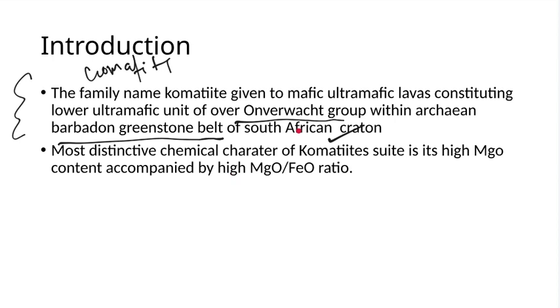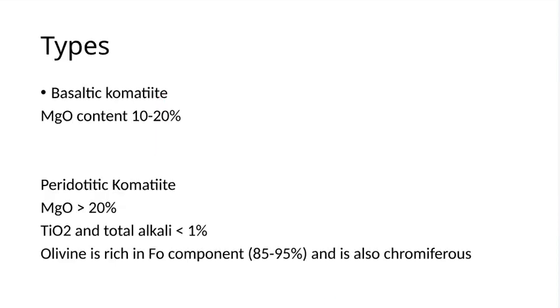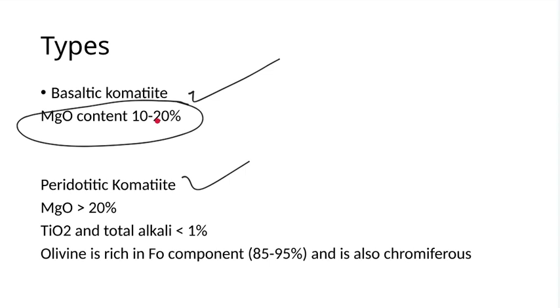The most distinctive chemical character is high MgO content. I said it a little wrong, so correct it: basaltic komatiite has 10 to 20% MgO content, and peridotitic komatiite has greater than 20% MgO content, and TiO2 content is less than 1% in peridotitic komatiite.